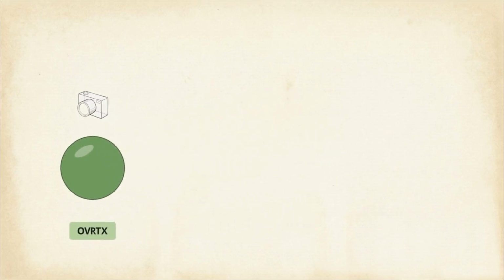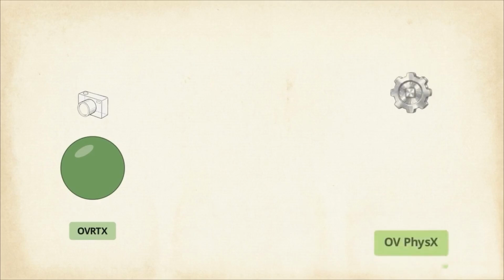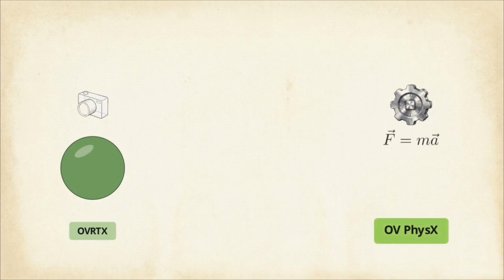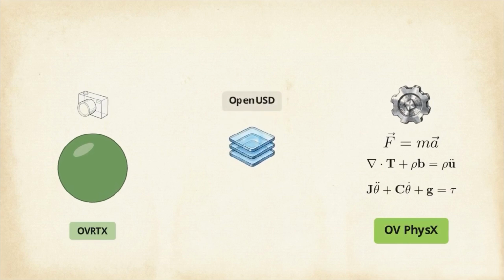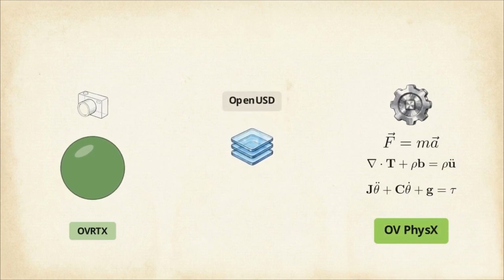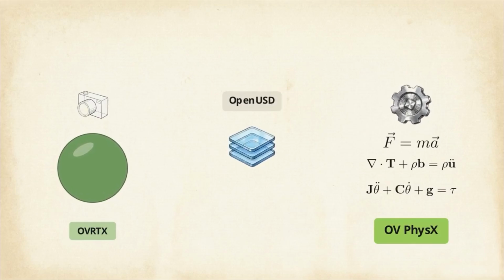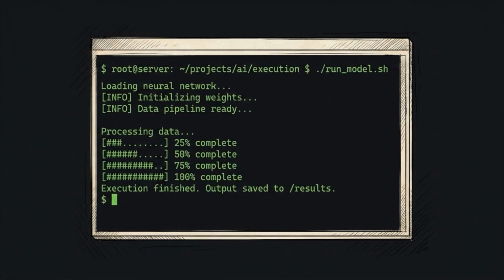The second major module is the OV Physics library. This module handles rigid body dynamics, cloth simulation, and complex tensor bindings completely asynchronously. The most critical advantage of these specific libraries is the ability to execute headlessly.